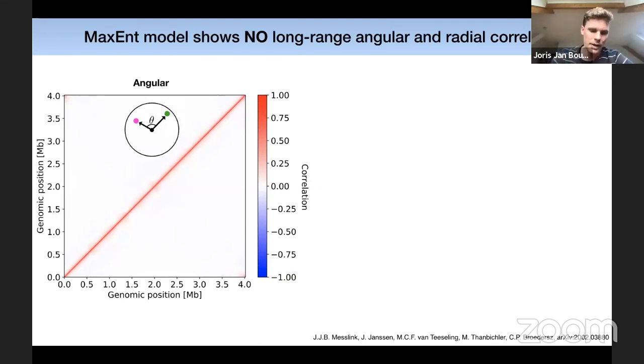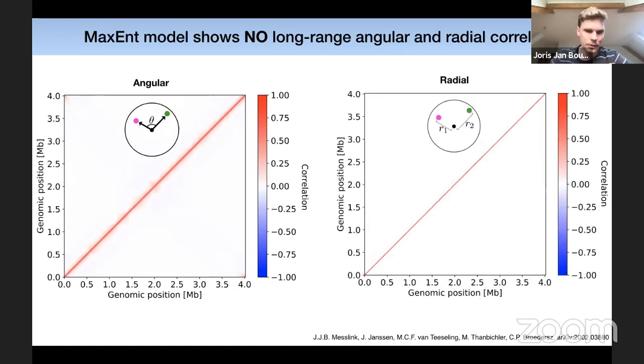So imagine looking at a cell from the top, then this tells you what the relative positions along the main axis are of the regions. And we see that correlations decay quite rapidly away from the main diagonal. Now, we can do the same thing for the radial correlations. So how far are the regions away from the center? And again, the correlations decay very rapidly. And lastly, we can look at the correlations along the long cell axis.